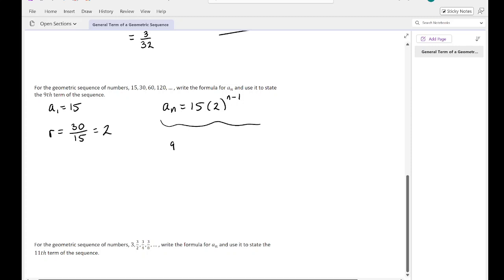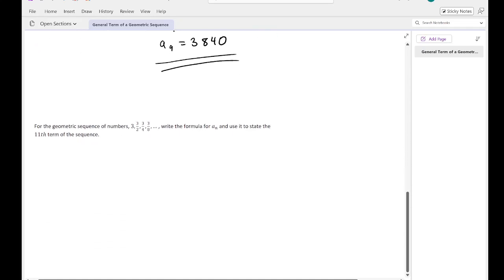A sub 9 is equal to 15 times 2 to the 9 minus 1. You can just throw that in a calculator, and you're going to end up with 3,840. So the ninth term is 3,840.